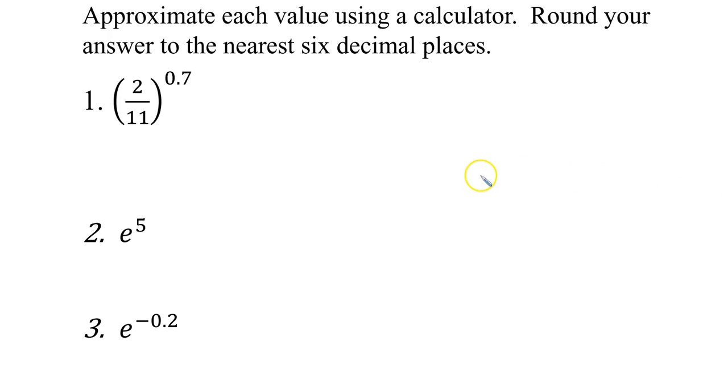To make sure that you can use your calculator appropriately and correctly for these problems, if you don't already have your calculator out, I'd like you to pause this video and get your calculator, because you're going to want to make sure that you get the same answers that I do. In this particular problem, you're going to want to put 2 11ths in parentheses.